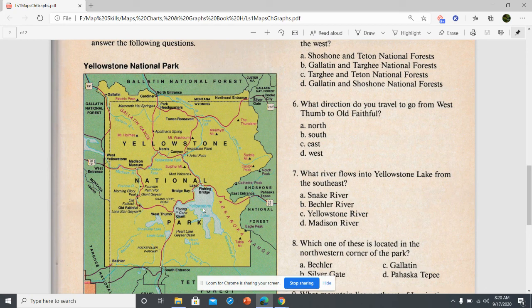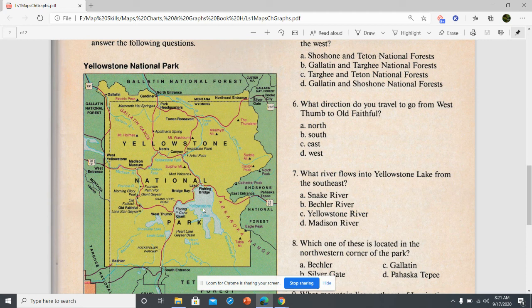B, go east to Madison Museum, turn northeast to Norris, take the Grand Loop Road through Canyon and Bridge Bay to West Thumb? C, go west on Highway 20 and 191, turn north to Old Faithful, follow the North Loop to West Thumb? Or D, go west on Highway 20 and 191, follow the Grand Loop east to West Thumb?